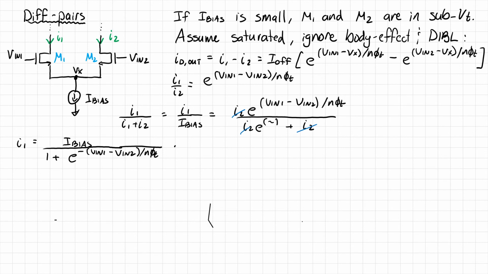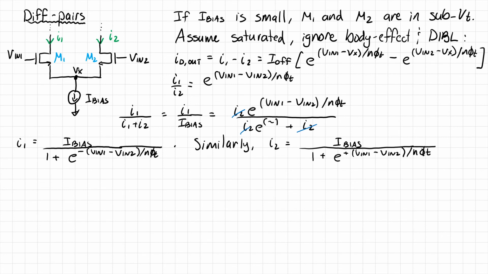Okay, similarly, we can say that I2 is also equal to the same thing, I bias divided by 1 plus e to the plus (V in 1 minus V in 2) over n phi t.